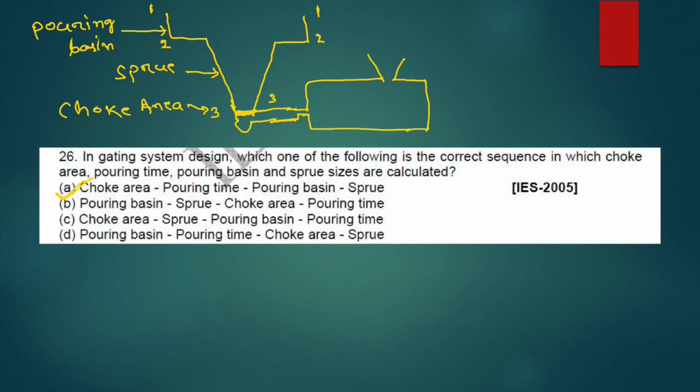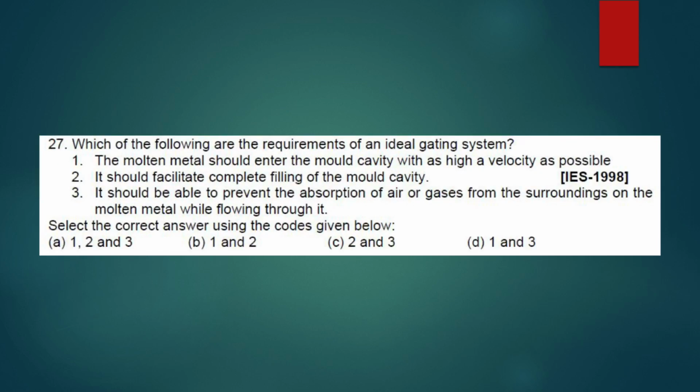Which of the following are the requirements of an ideal gating system? 1. The molten metal should enter the mold cavity with high velocity. No. If it enters with high velocity, then mold cavity erosion will occur and air may be entrapped inside the mold. So 1 is not possible.